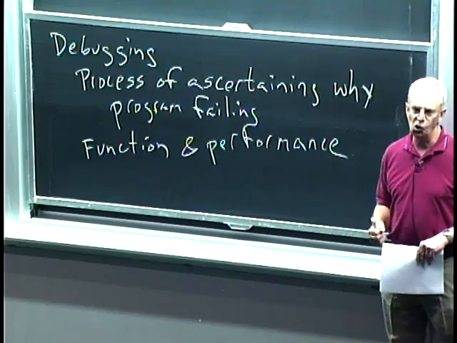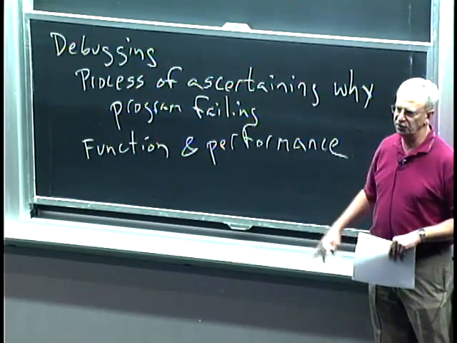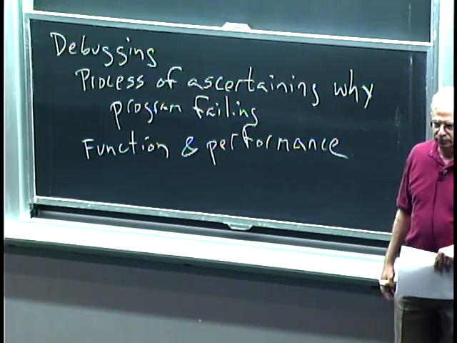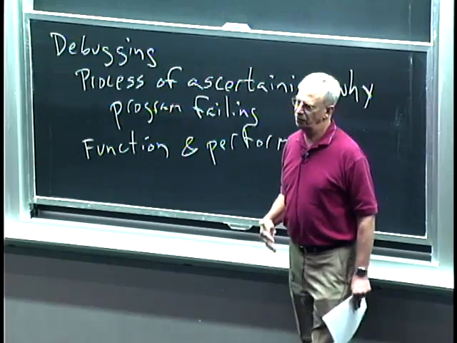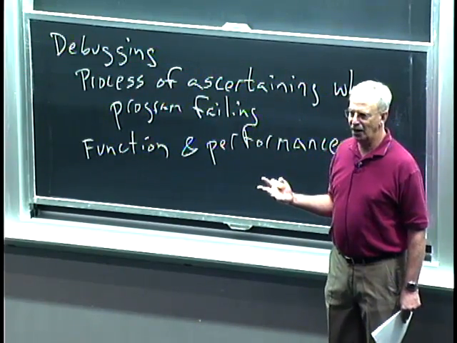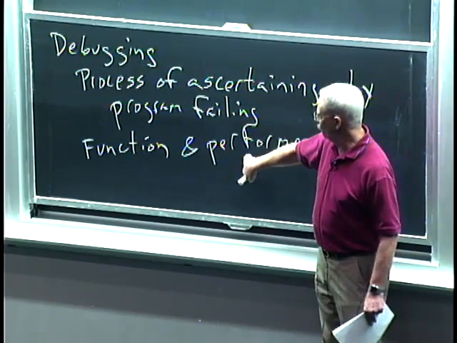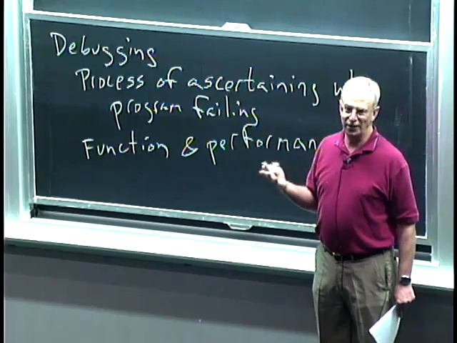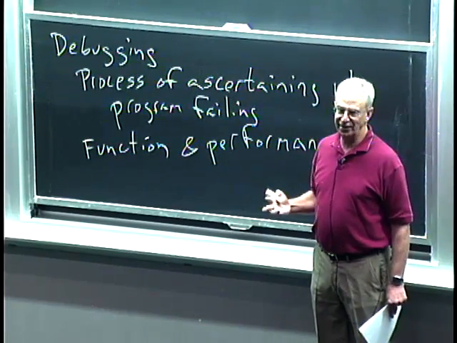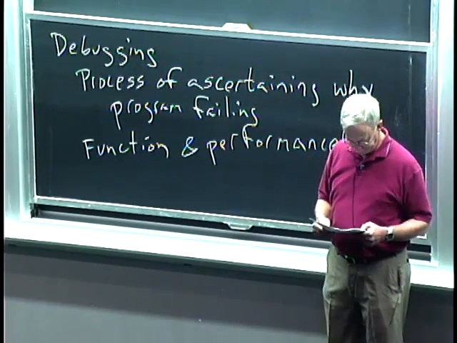Why is it slow? Why is it not getting the answer as fast as I want it to? And in fact, in a lot of industry, for example, if you're working on building a computer game, you'll discover that, in fact, the people working in the game will spend more time on performance debugging than on getting it to do the right thing, trying to make it do it fast enough or get it to run on the right processor.